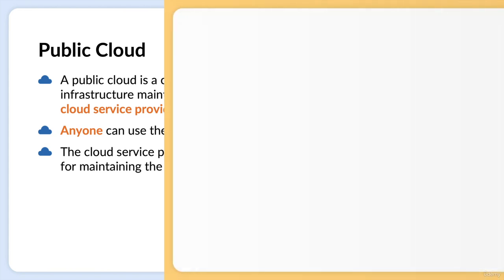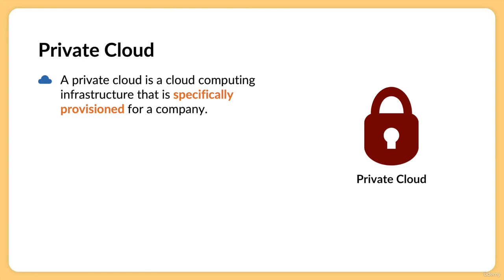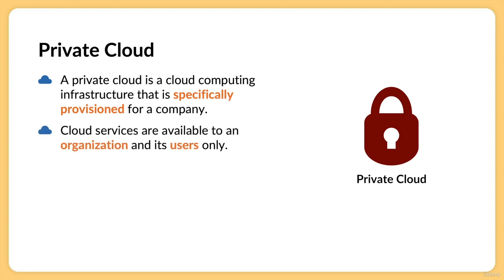Now let's go to the private cloud. A private cloud is a cloud computing infrastructure that is provisioned for an individual company. In the private cloud computing model, cloud services such as compute, storage, database, and network are available to an organization and its users only.